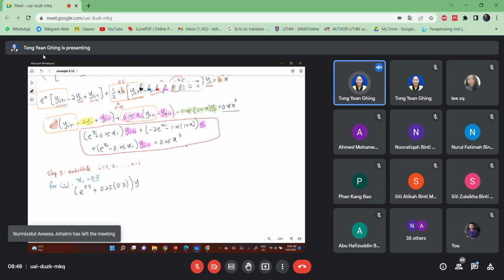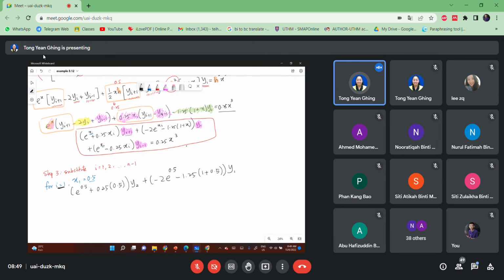So now i is 1. Okay. So i plus 1 means 1 plus 1. This means y2. Here is y2. Okay. Here, this one, i plus 1, 1. This means 1 plus 1. Now this one is y2. We substitute y2. Plus with, here, negative 2 exponent. x is 0.5 minus 1.25, 1 plus 0.5. And then here, this one is yi. That means y1.